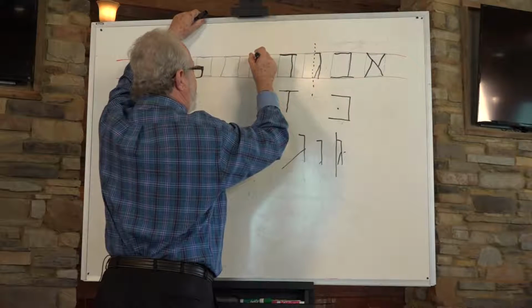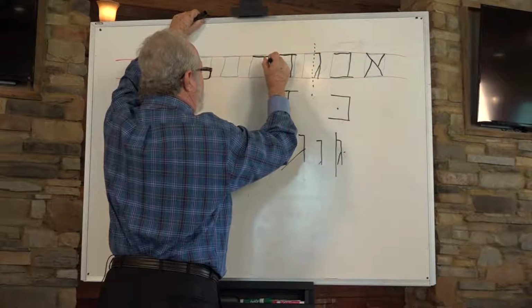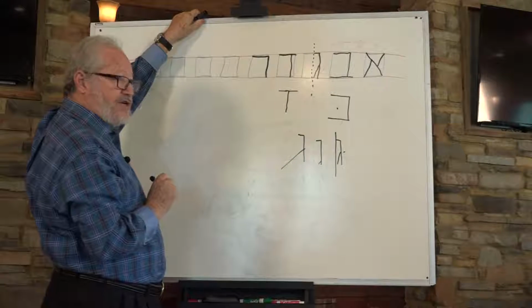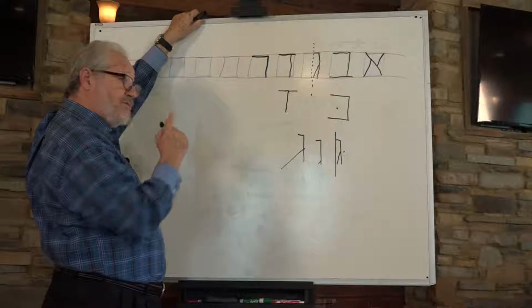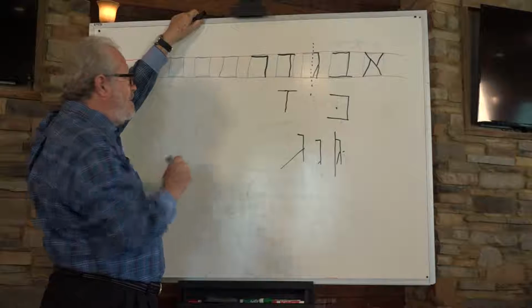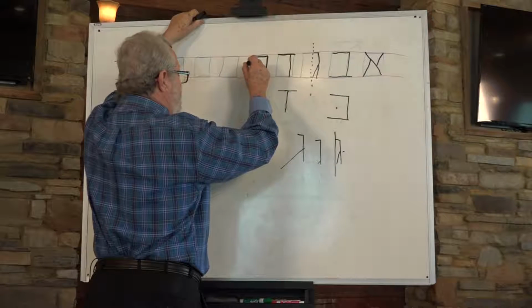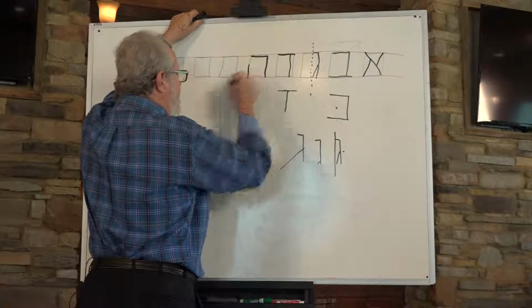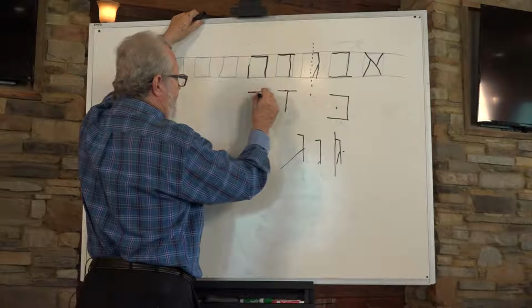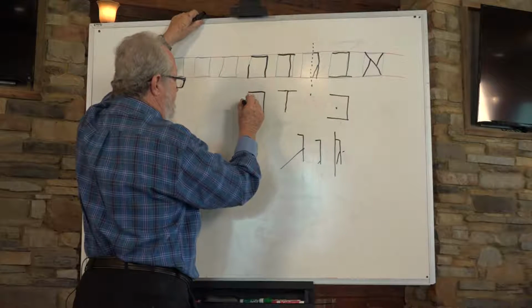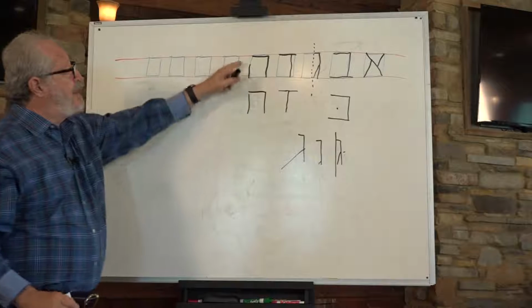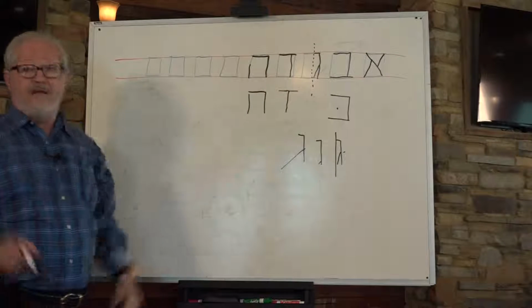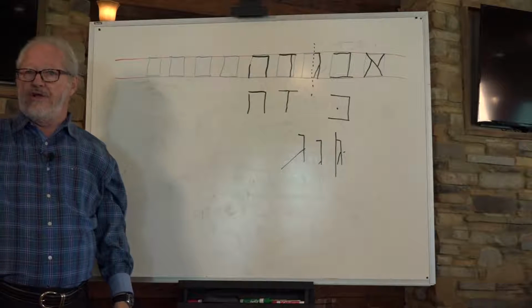The next letter is a resh. A resh. But because we're doing a hay, not a resh, we have to come down again from the center down. Okay? Don't make your hay like this. This opening here has to be a substantial, wide opening.